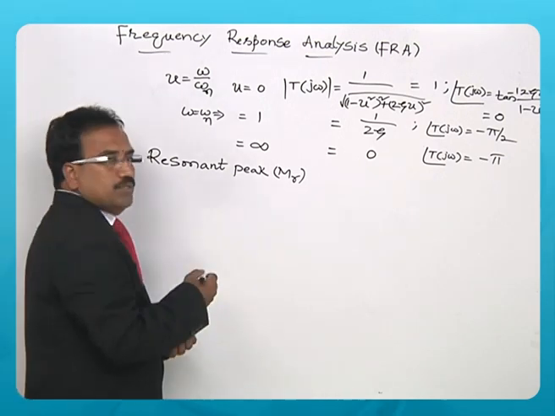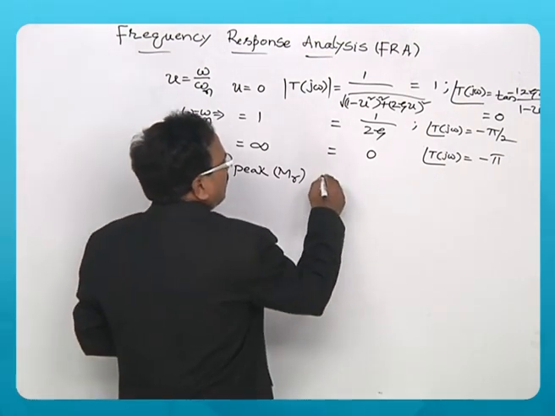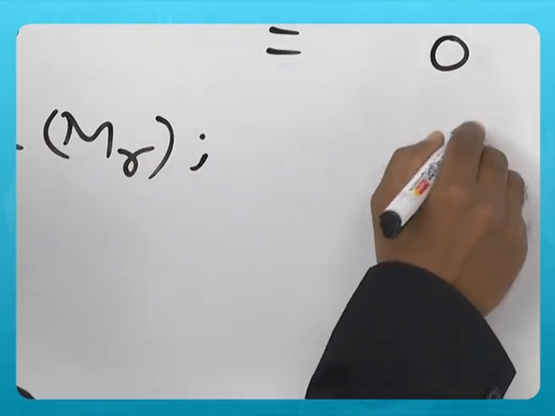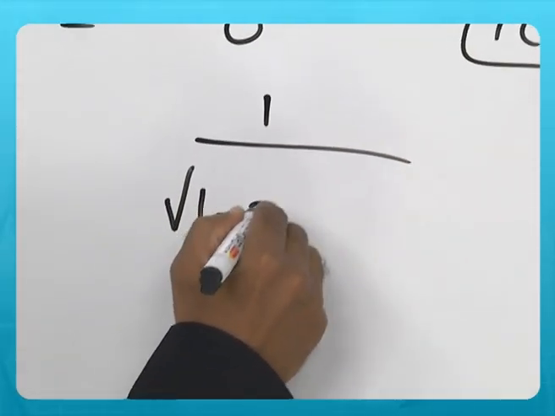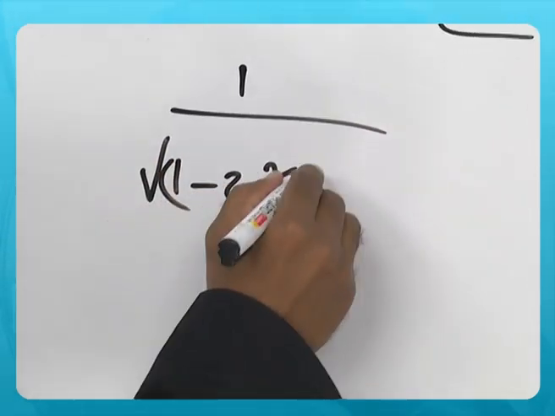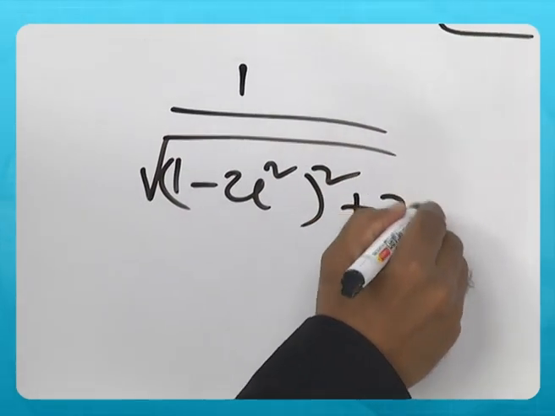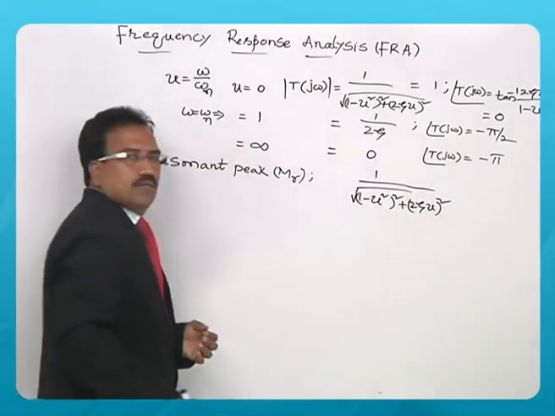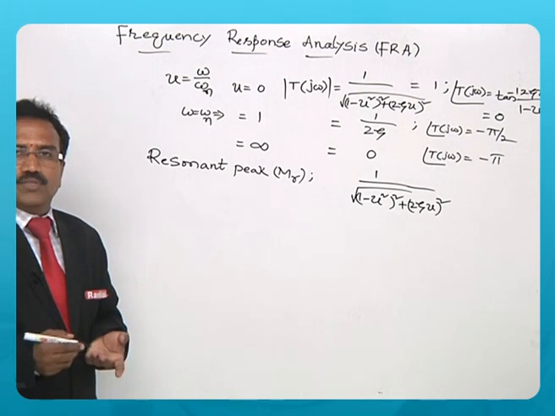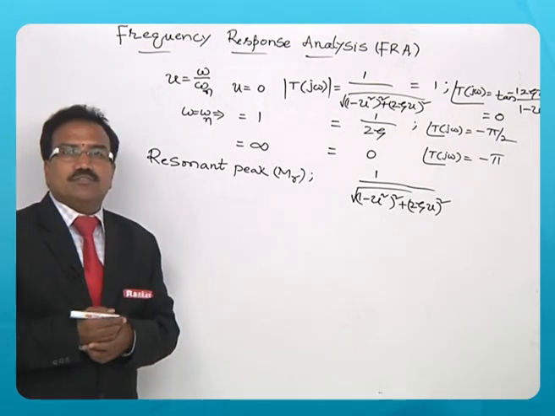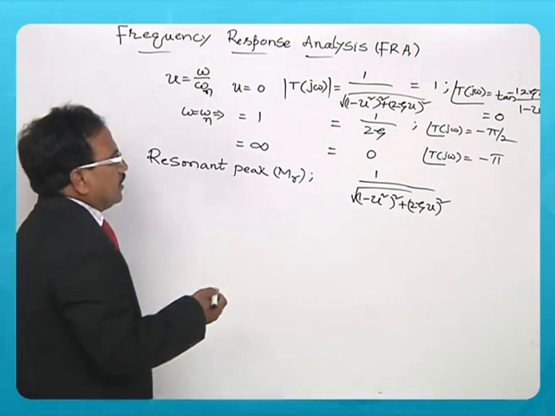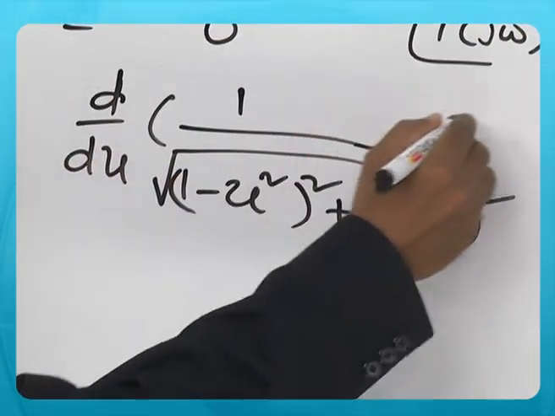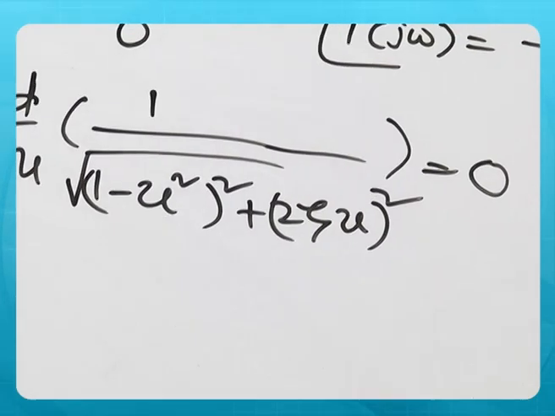So what I must do is take the magnitude term 1 by under root of 1 minus u square whole square plus 2 zeta u whole square. So when is this maximum? I must get the condition. For that, I must differentiate this d by du and then equate it to 0.